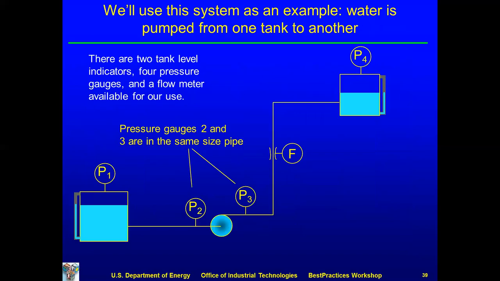Okay, so we're going to use this simple example system with water being pumped from one tank to the other. In the suction tank, it's possible that we could have a gas overpressure, which would be P1. If that tank's open to atmosphere, then there's no gauge pressure, there's just atmosphere sitting on top of it.